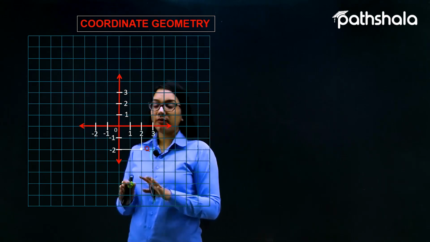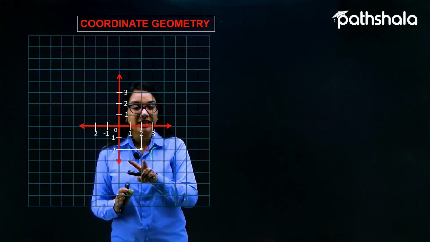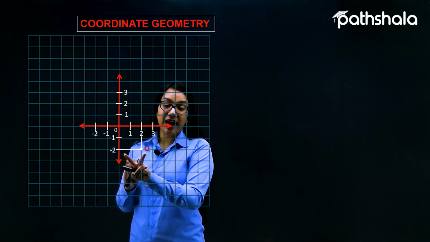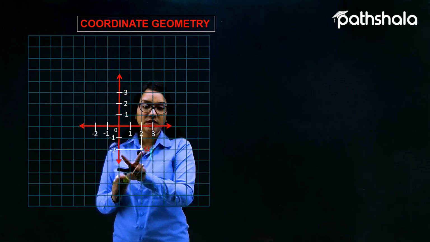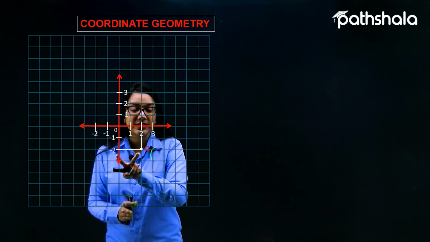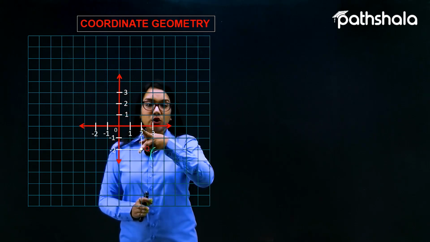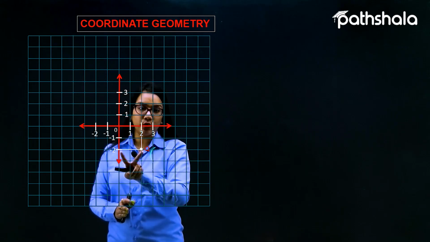So first, we talk about the abscissa and the ordinate. The abscissa is at a 2-unit distance, and furthermore we can see the ordinate is also a 2-unit distance.